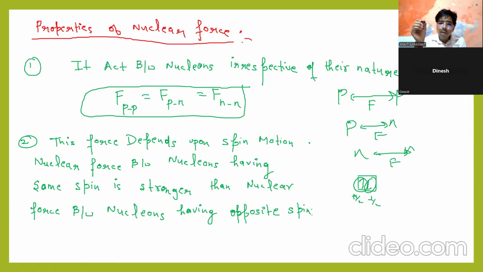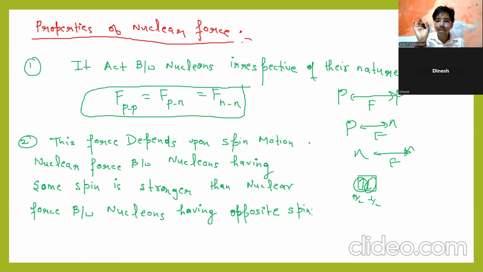So if the nucleons have the same spin, then the nuclear force is stronger than for nucleons having opposite spin. Experimentally it is observed.